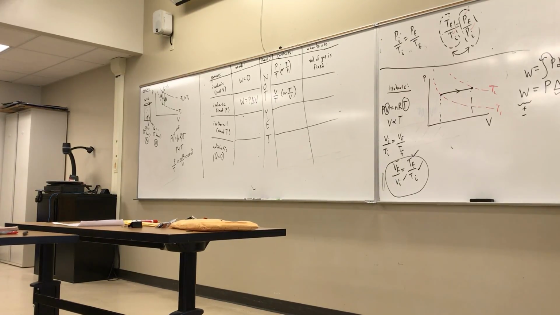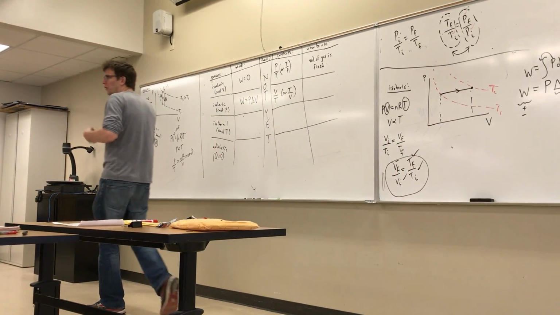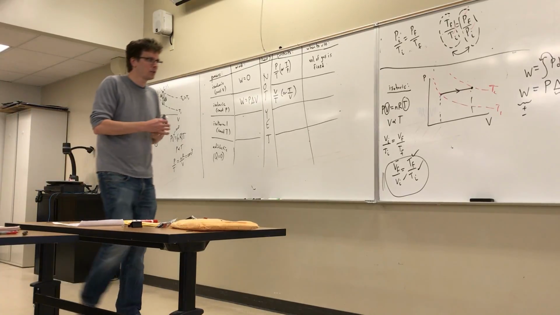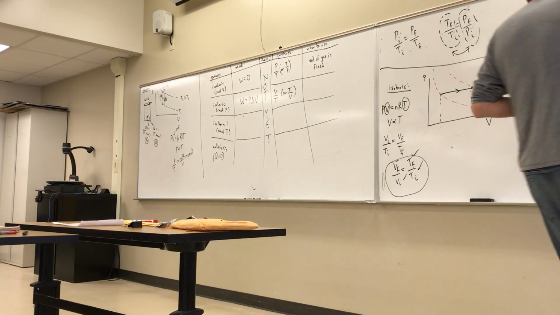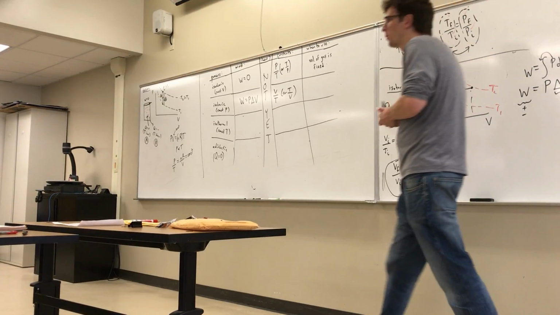You're putting in heat. You're passing some of it out as work, but overall you have passed more energy in as heat than you've passed out as work. Therefore, the internal energy of the gas is increasing. Okay? So you have more heat in and less work out. Therefore, you still have the internal energy of the gas increasing. Okay?